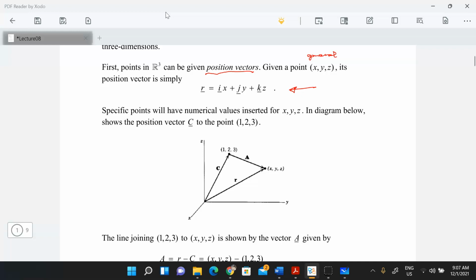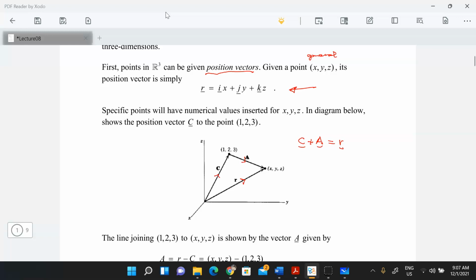Okay, and if you draw the line between these points, where one is a specified point and the other one is a general point, then one can actually give that line a vector as well. And essentially if you look at how this is done, you can see the vector c plus a should be equal to the vector r.